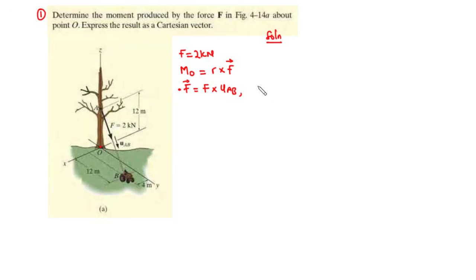So the unit vector UAB is given as, now to find the unit vector UAB, we are going to move from point A to point B. Now, whenever you move from any point towards point O, then that is a negative value. You are going to obtain a negative value, and the moment you move from point O to any point, then you have a positive value.